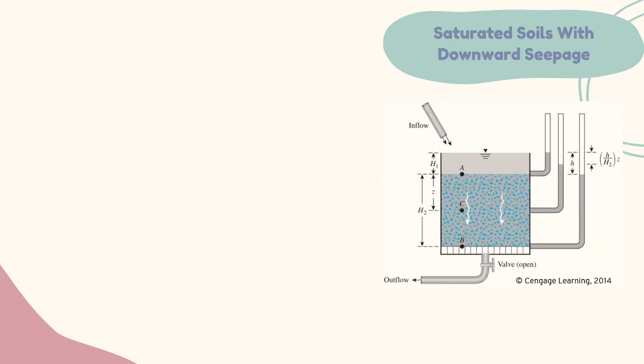So what if the saturated soil undergoes downward seepage? Obviously, since the direction of the seepage is different from the one we have discussed earlier, the values of the pore water pressure and the effective stress will also vary.